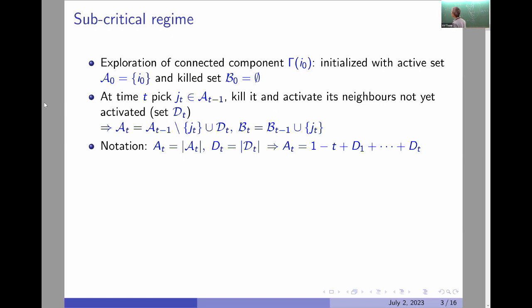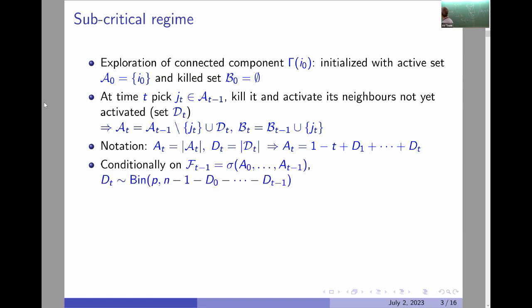And AT by construction is 1, the initial node, minus T, the number of killed nodes to get to step T, and then I have added D1 through DT to get to step T. And this is what I was writing. I know the conditional distribution of how many nodes I'm adding at one step. This is binomial with the parameter p for the probability and n minus something for the number of trials.